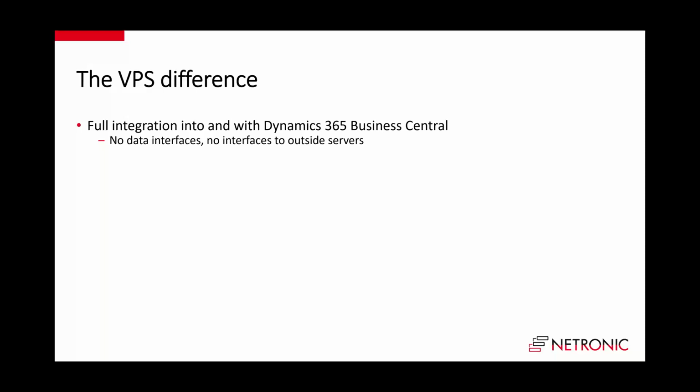There would be at least three entry points to data breaches: on the way to our server, on our server, and on the way back. So we don't have this. We fully integrate into and with Dynamics 365 Business Central, and this makes the VPS different from a lot of tools that are out there.